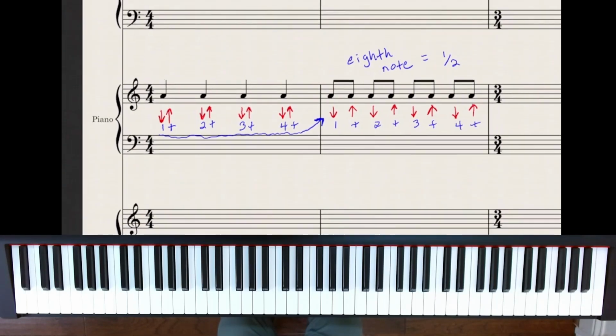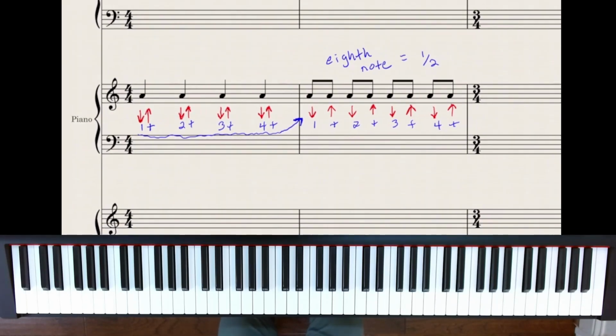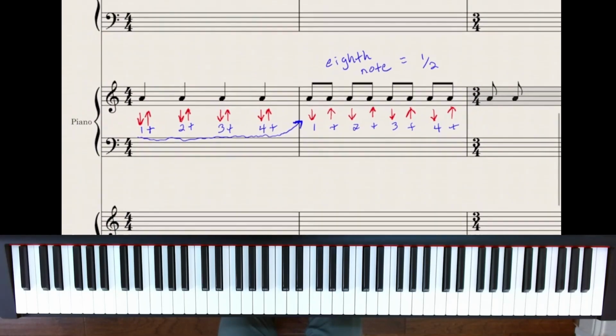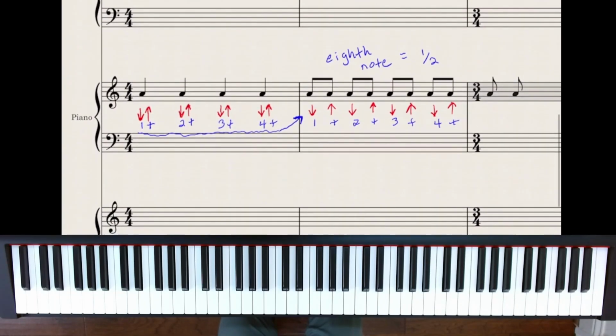All right, so also I wanted to point out too that you will also see eighth notes written like this. Okay, with a flag coming off the stem. Okay, still the same thing. Okay, it still equals a half a beat. So back to this example here.